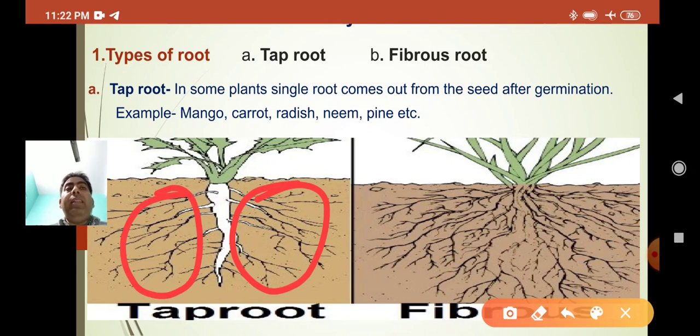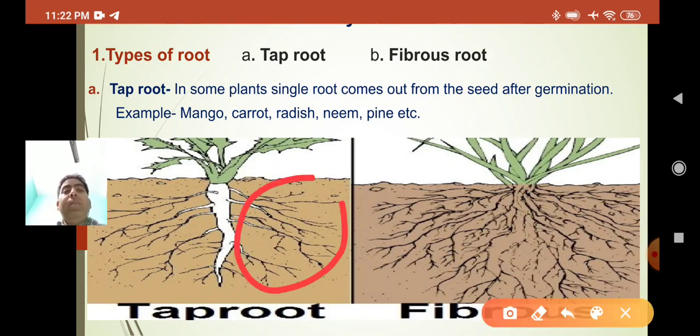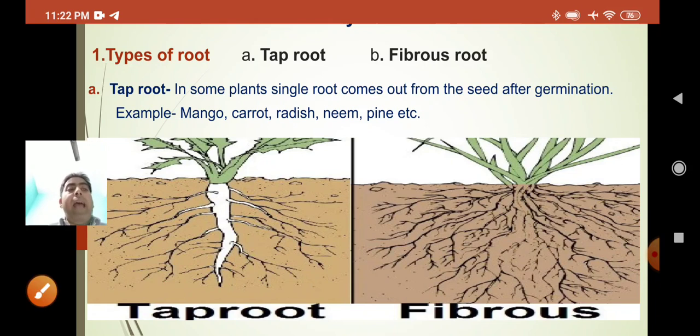These small branches are called lateral or secondary roots, because they arise from the primary root. This type of root is called tap root.